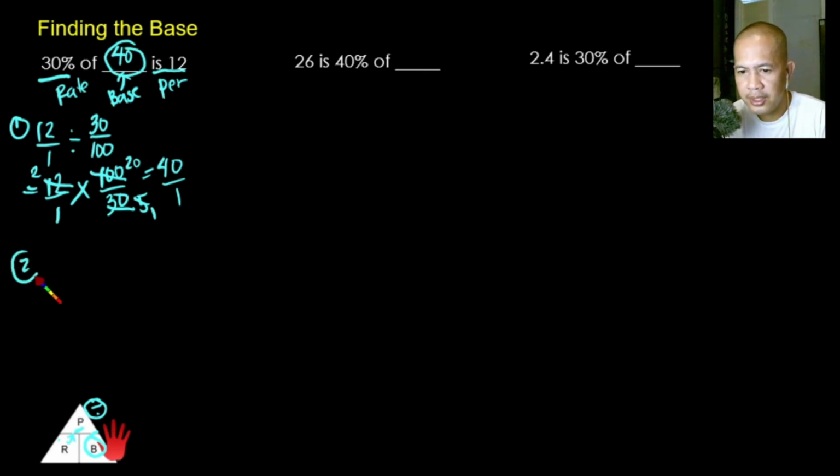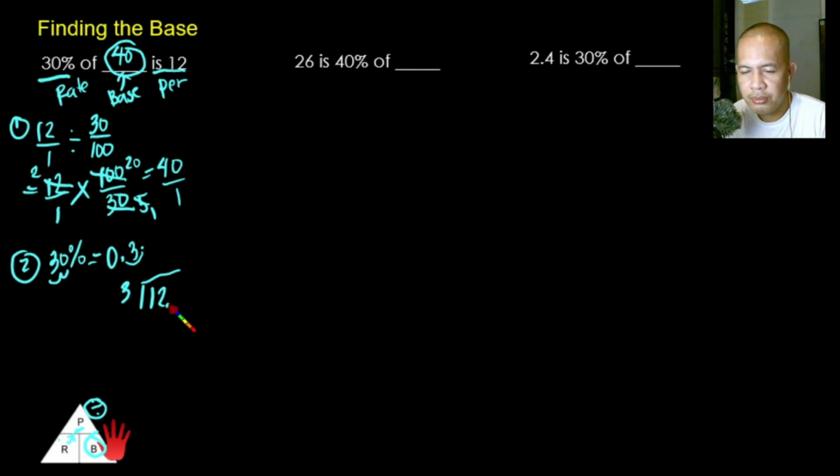The second way is by changing your rate into a decimal. By moving two places, we make 30% into 0.3. And after that, we're going to divide 12 by 0.3. The rule in division of decimals is that we make our divisor a whole number. So we're going to move one place here. It makes 3.